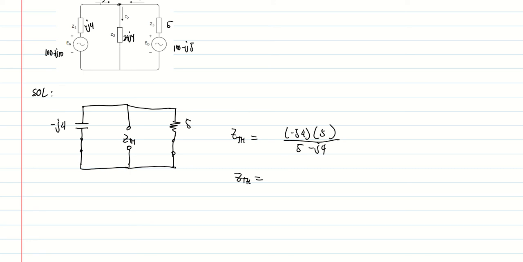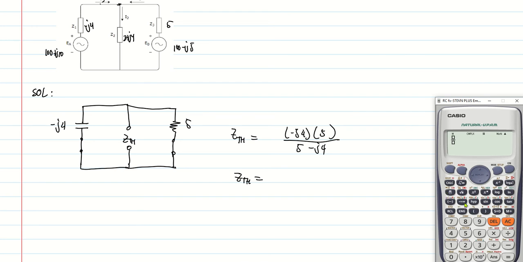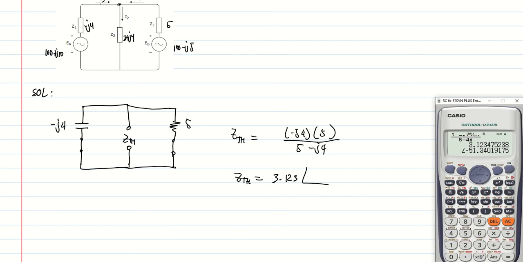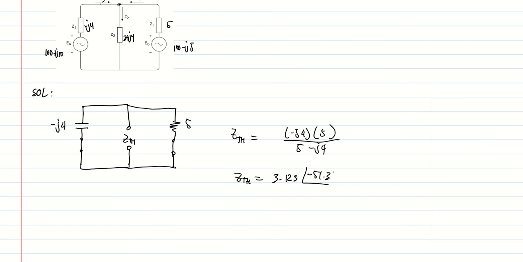So therefore, ZTH will be equal to negative J4 times 5 all over 5 minus J4, which equals 3.123 angle negative 51.34 degrees. The unit is ohms because this is impedance.